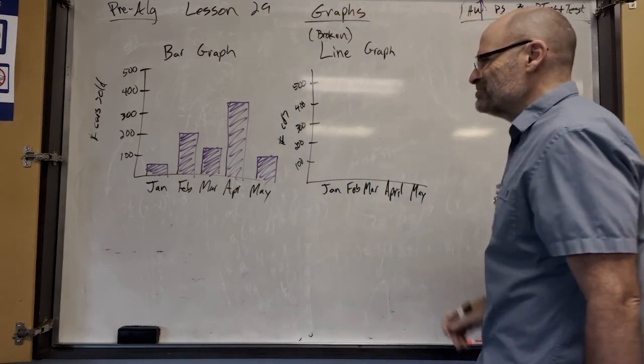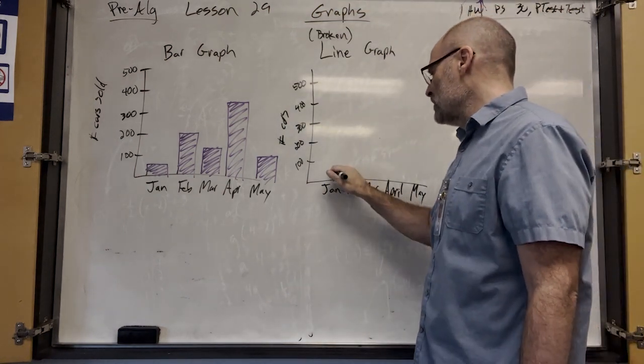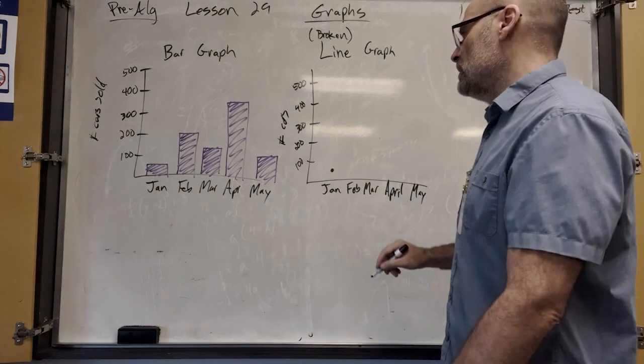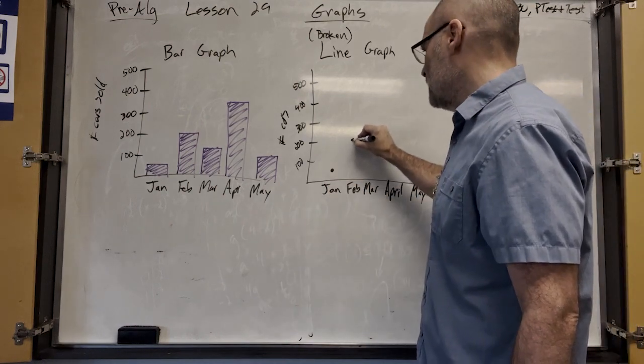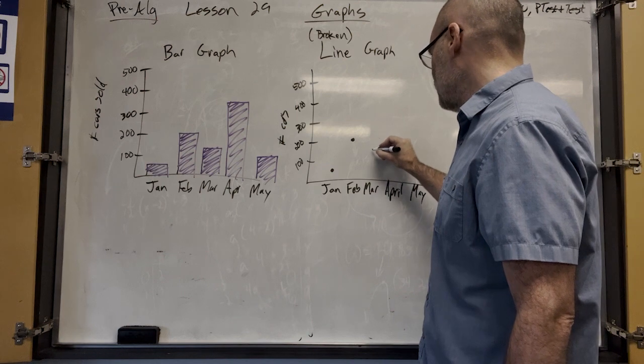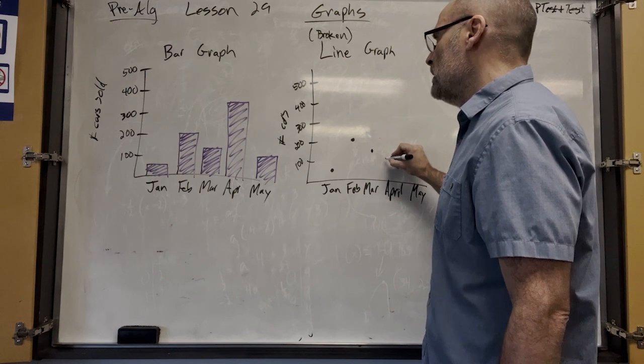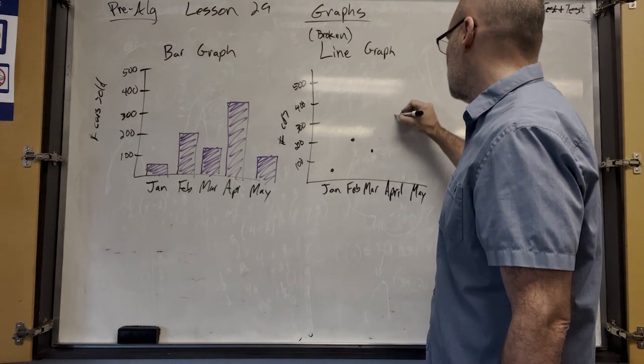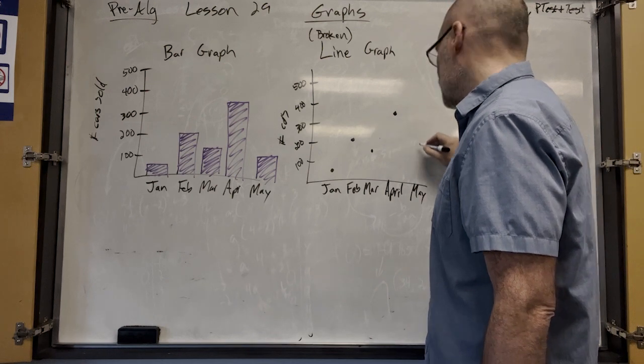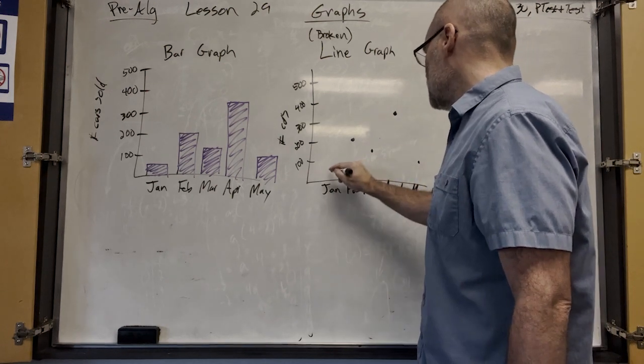It's the same thing, but instead of drawing a bar, you're just putting a dot. And going up to 200, and going down to 150, and then up to 350, and then down to 100. So it looks like this.